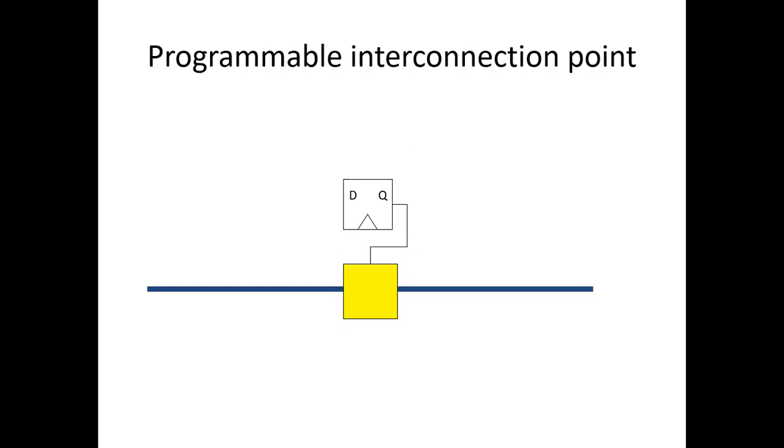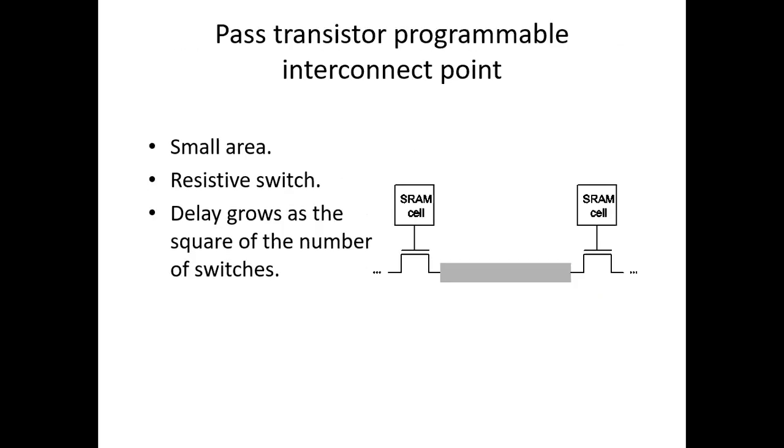So the same logic is used in the pass transistor also, isn't it? So this is the example of an interconnect point. In case of SRAM, that will be configured by the SRAM cell. So SRAM cell means it holds two values, either 0 or 1.